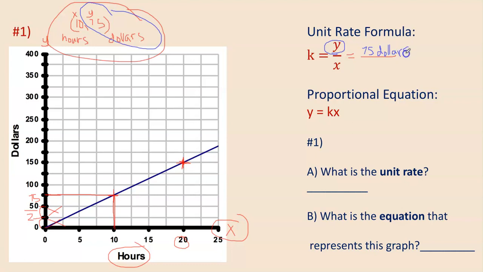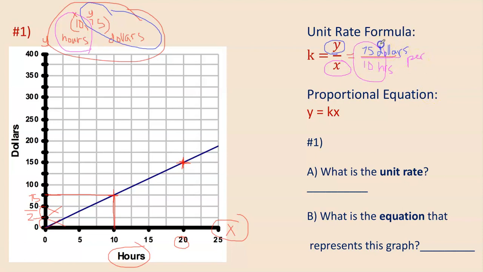And then I'm going to figure out what x is. X is 10 hours, so I write that in the denominator, 10 hours. And then the fraction bar, the word that I'm going to put with a fraction bar is per. So this reads $75 per 10 hours.